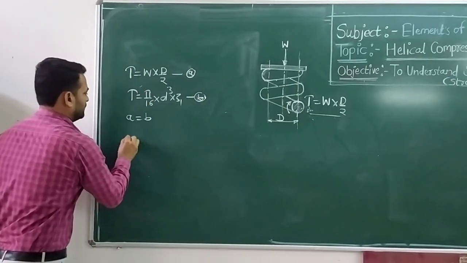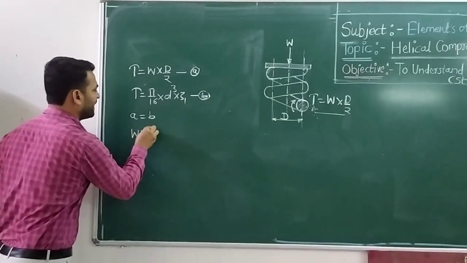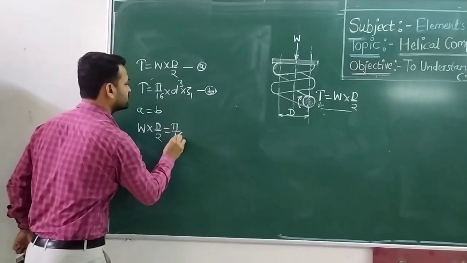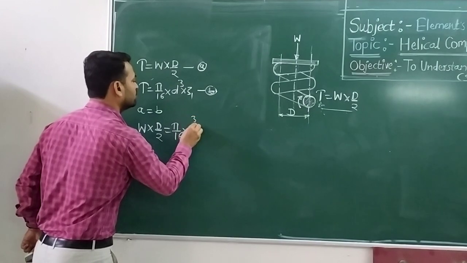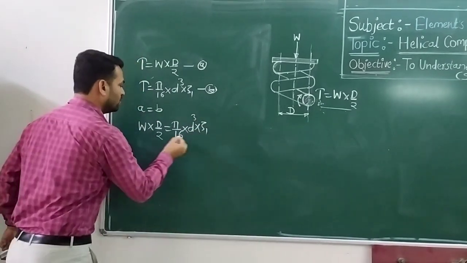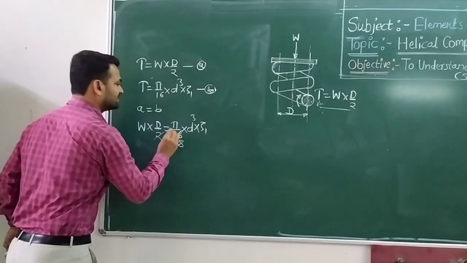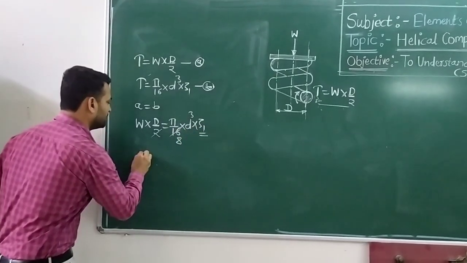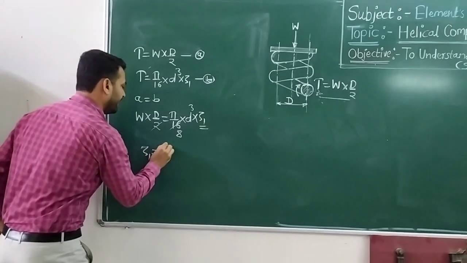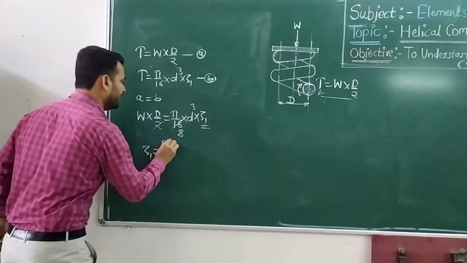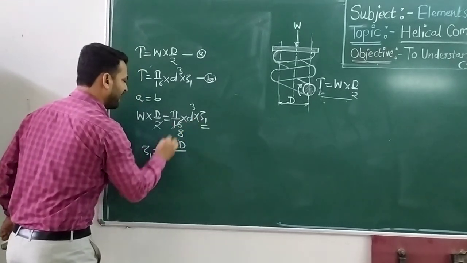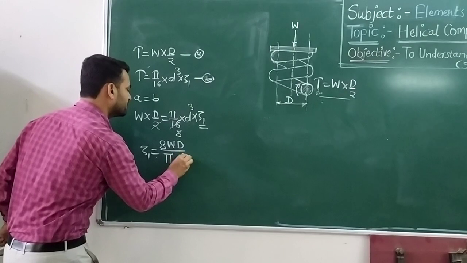So W multiplied by D by 2 will be equal to pi by 16 into d cube into tau 1, that is the torsional shear stress. After simplification, tau 1 will be equal to 8WD divided by pi d cube.